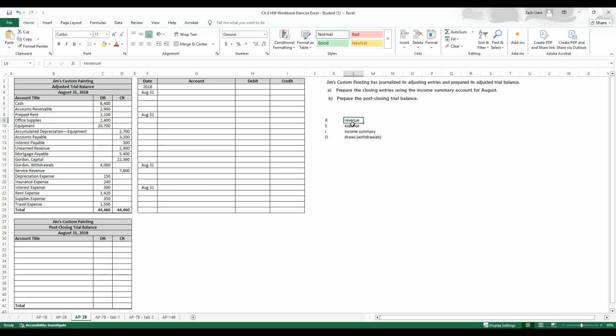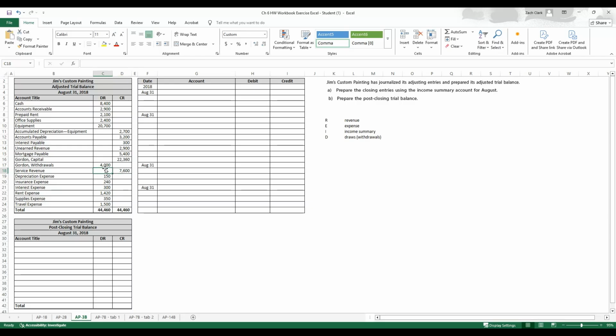So what we want to do with this mnemonic device is allow it to guide us through the journal entries for our closing entries. The first journal entry we're going to make is to close revenue. The process of closing an account is essentially just doing the opposite of what that account's current balance is, for the same dollar amount, to zero it out.